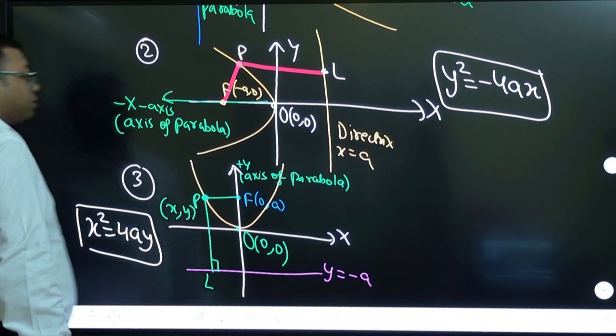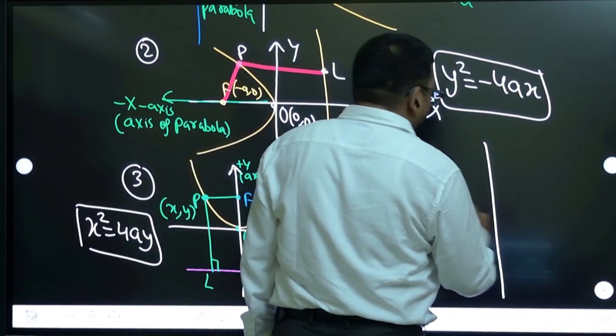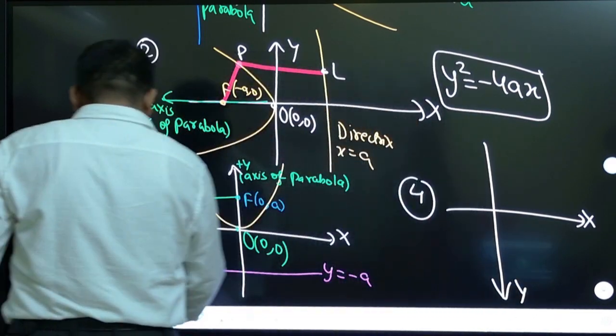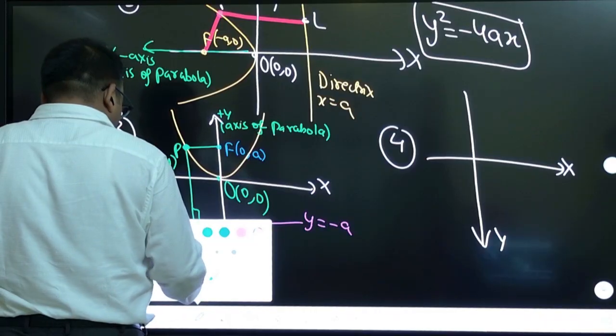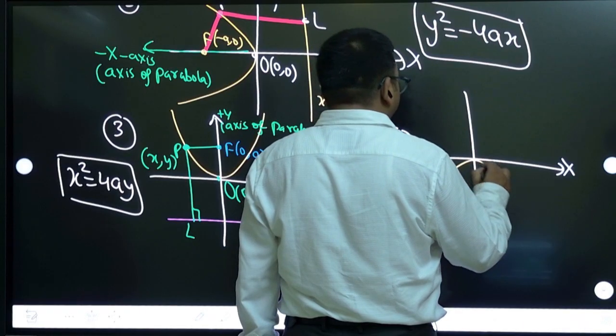Next, the fourth form is where the negative y-axis is the axis of the parabola. That's the last form, but I will also tell how to write the form of any other parabola.